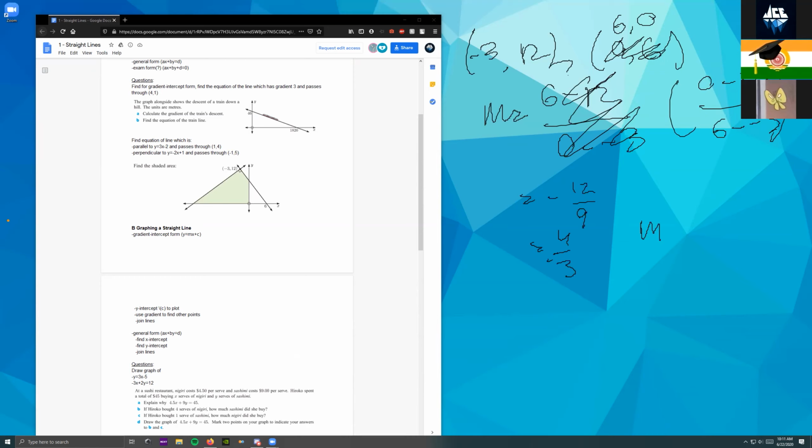So the other gradient would be equal to 3 over 4. And then you insert it into the general point-intercept equation.